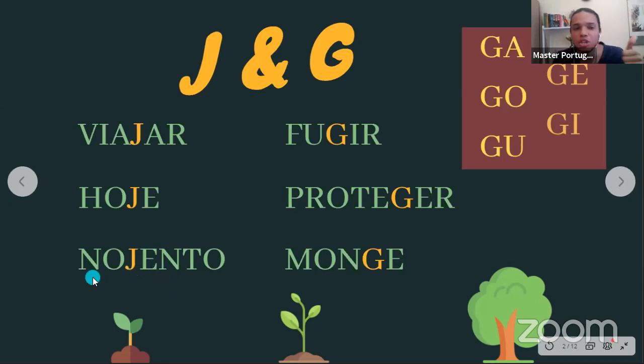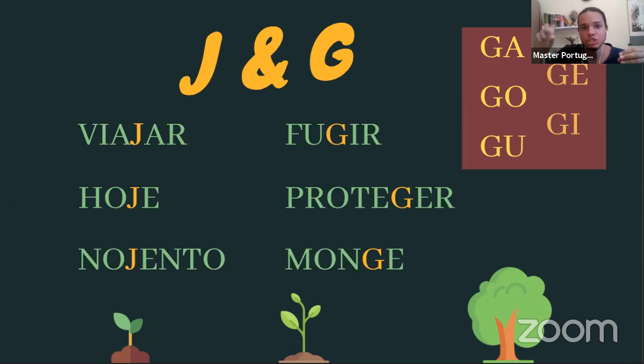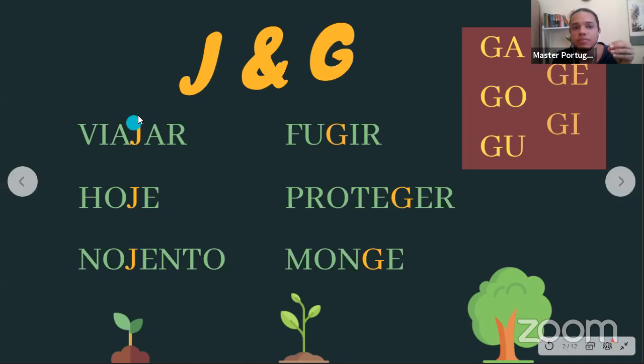En, nojento. And monge, monge. So all these words have the same pronunciation for the J and G letters. So you just have to watch out for the spelling, whether it's with J or with G.